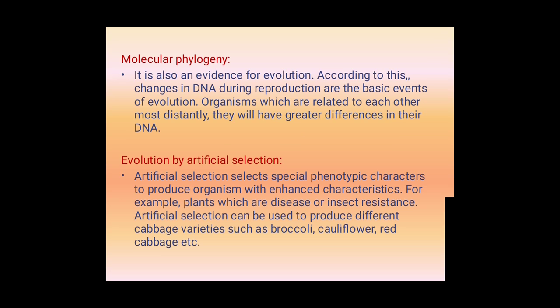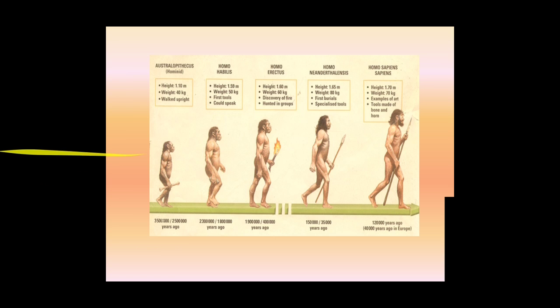These evolved from a single plant called cabbage. That means the physical appearance of characters can be selected by artificial selection, which leads to the formation of new phenotypic varieties.